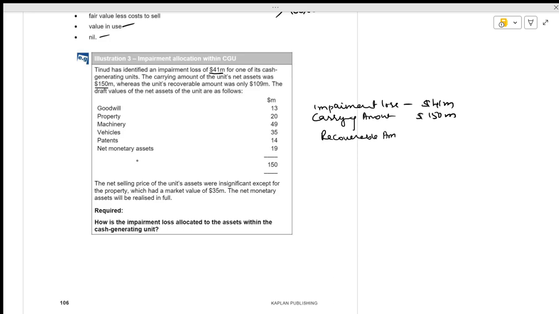This is one of the easiest sections where we can score marks. The draft values of the assets have been given: goodwill, property, machinery, vehicles, patents, and non-monetary assets. The value will never decrease; at least the historical price will never decrease. All these are historical prices.